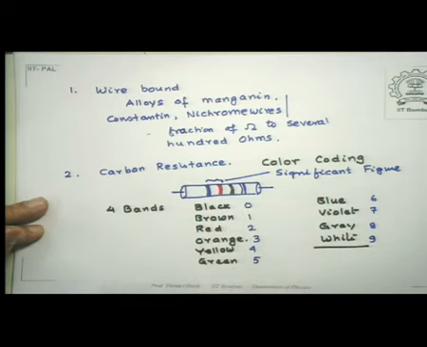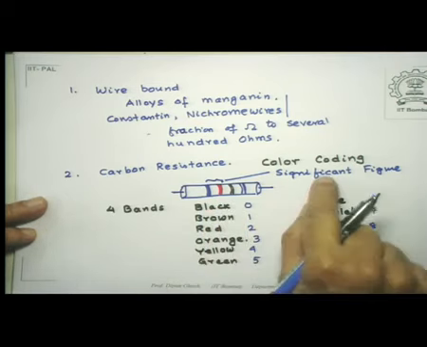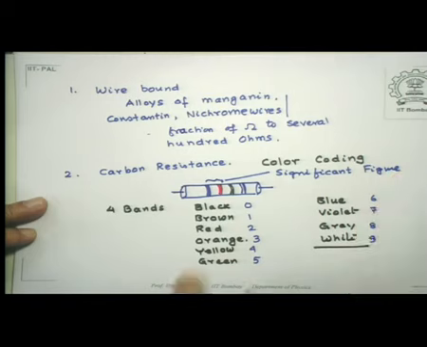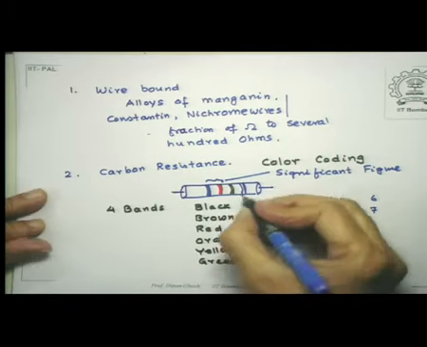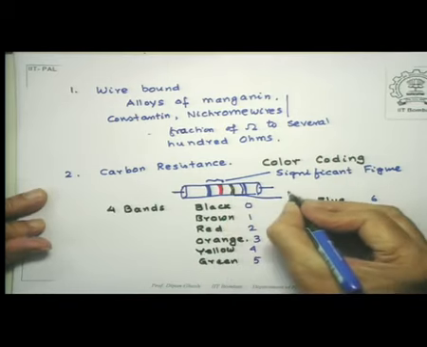So therefore, suppose you wanted to have the first 2 numbers as 23. Your first band will be red, the next one will be orange. Or for example, 47, the first one will be yellow, the second one will be violet. Now the third one is a multiplier.